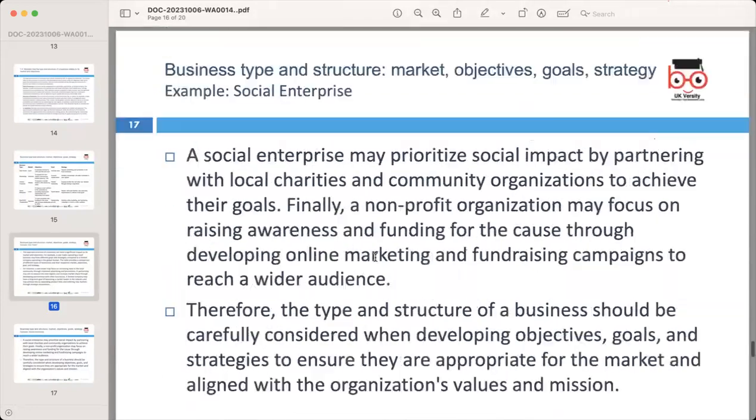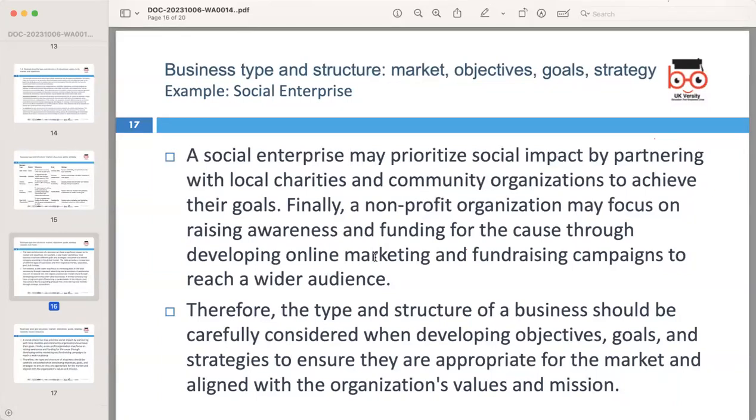So again, here is an example of social enterprises. What is their market focus? Social enterprises tend to have a localized market focus as well, same as a sole trader, often working within their immediate community or a specific social or environmental cause. Their objective is to create a positive social or environmental impact.